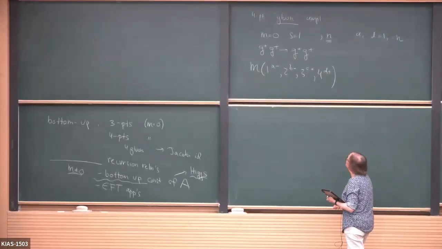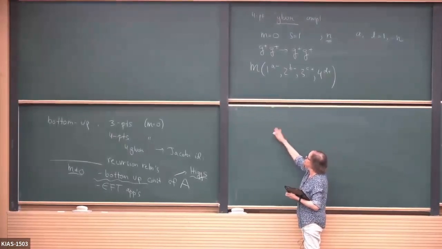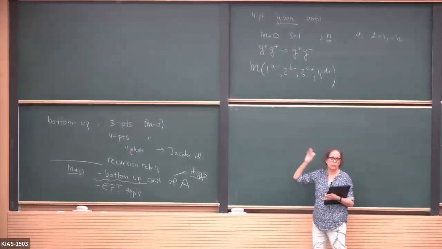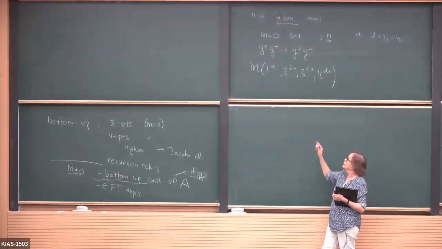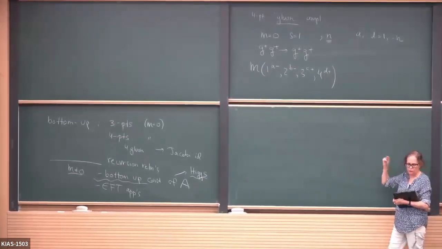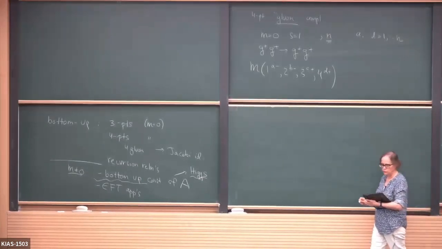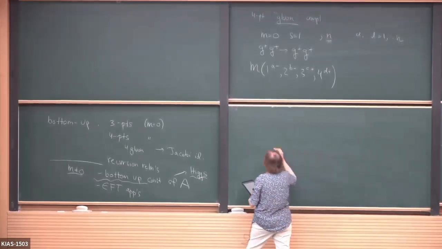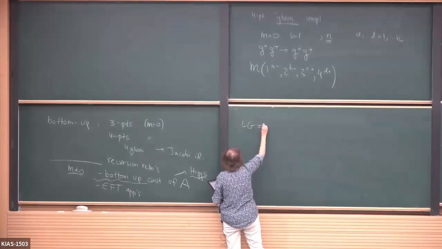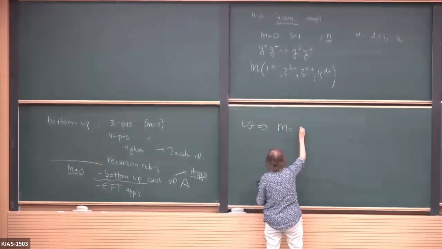Okay, so we talked about the little group and what it implies about the amplitude. And in this case, we have 4 vectors. So each one of them should appear twice with either angles or squares. So the little group scaling tells us that the amplitude has the following form.